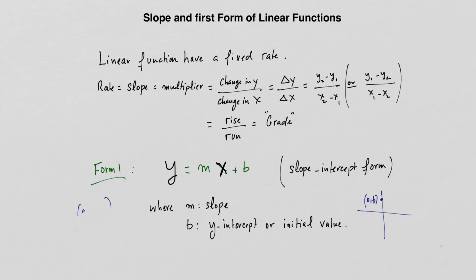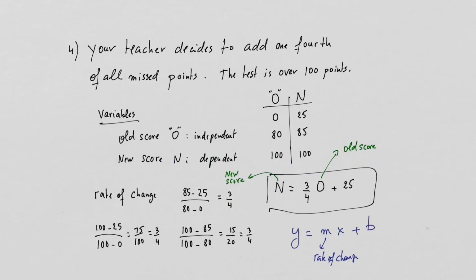Why do we call it initial value? Because initial value means initial anything, like initial slope, initial number of points, initial height, initial weight, initial capital to start a business, initial time, initial anything. So initially, meaning you got 0 points, what is the y-intercept? 25, right?